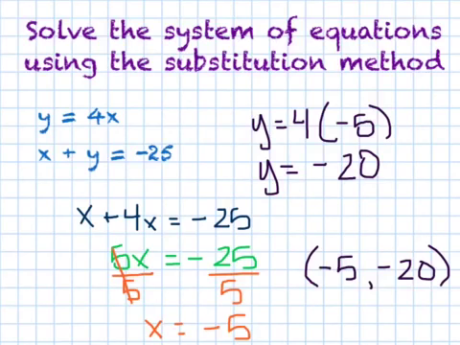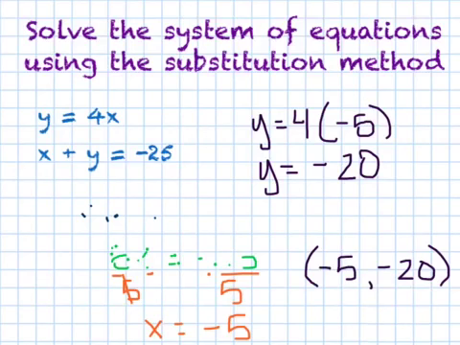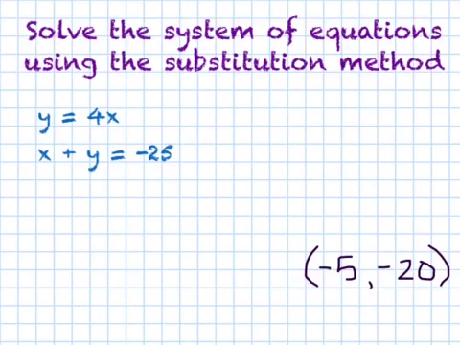It's very important to try to check your answers whenever possible. Fortunately for us here, we can easily check our answers by going backwards and plugging it into both of the equations. So I'll say, is negative 20 equal to 4 times negative 5? Well, yes, negative 20 does equal negative 5 times 4.